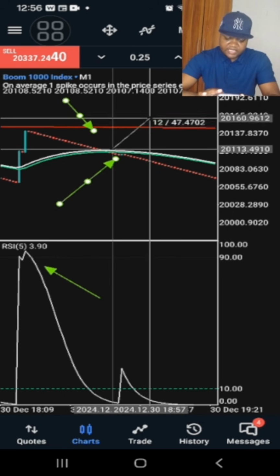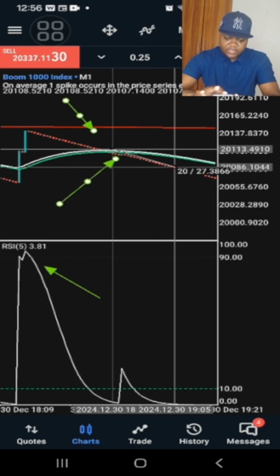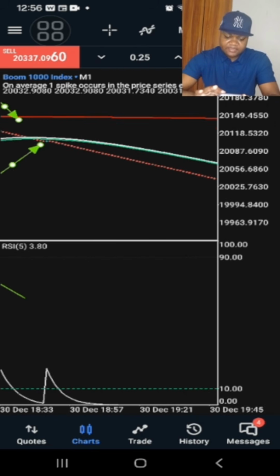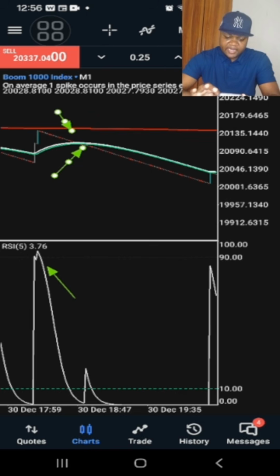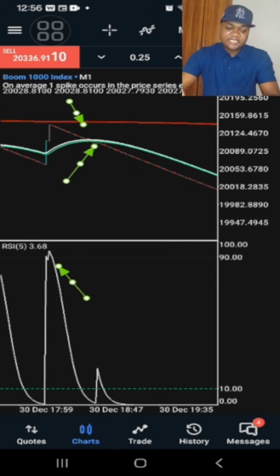Stop loss has to be just above the previous spike, and you're going to target at least 20 candles. But you'll see in most cases that the price tends to move in that particular direction for a very long time. So basically, these are the conditions that you follow when you are buying and selling.